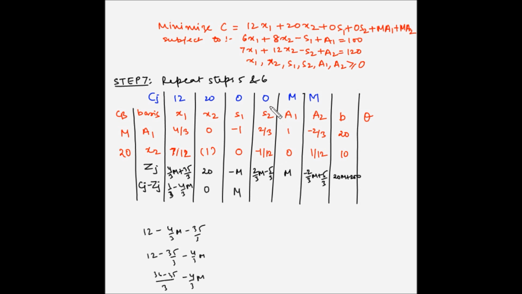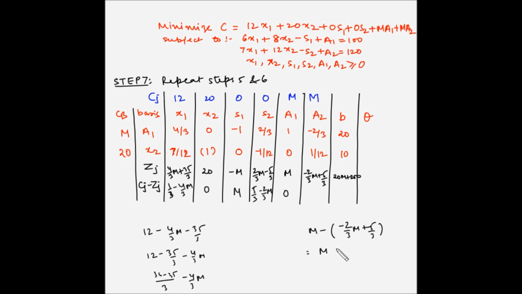For s2, 0 minus 2 by 3m minus 5 by 3. So this will become 5 by 3 minus 2 by 3m. M minus m is 0. M minus this expression, so let's calculate this. M minus 2 by 3m plus 5 by 3.